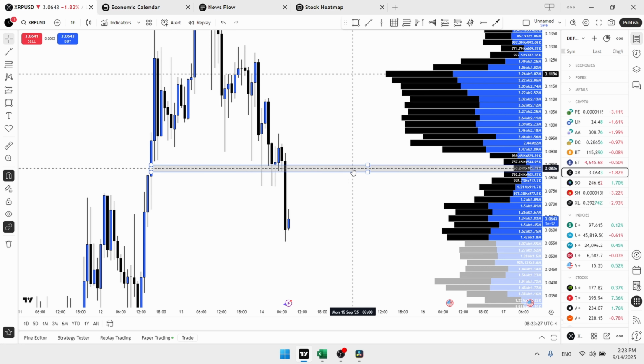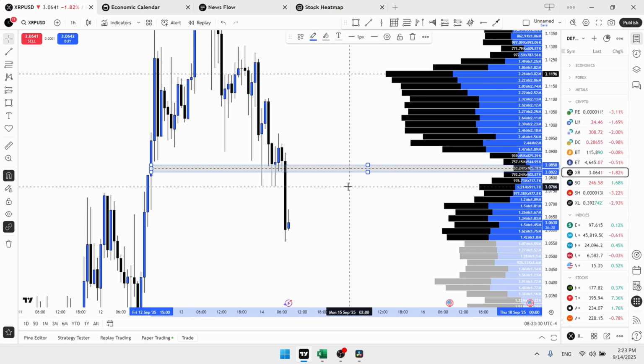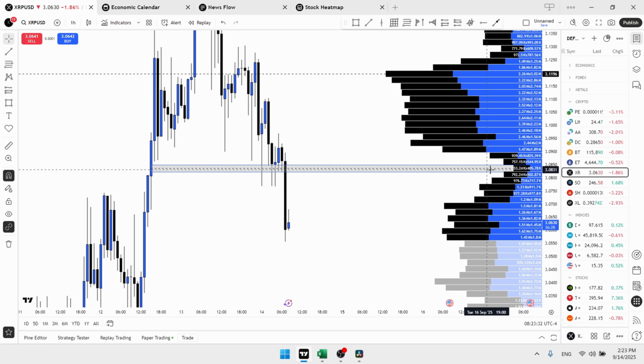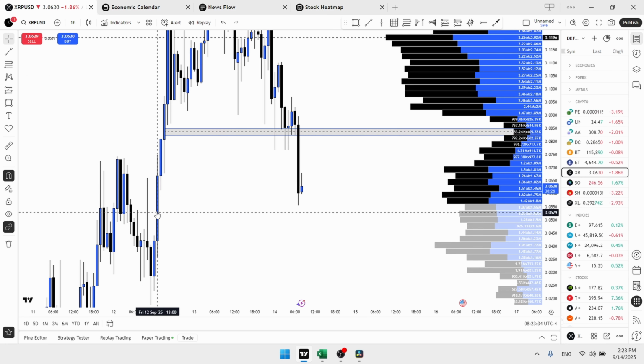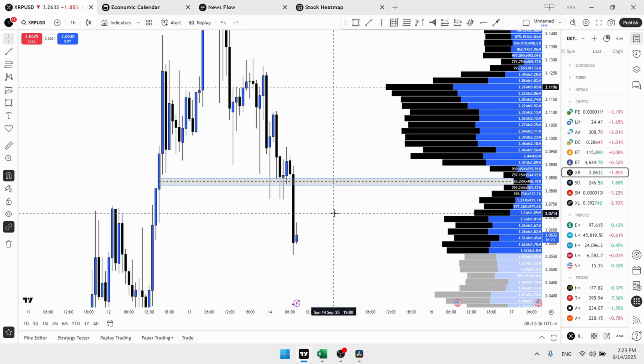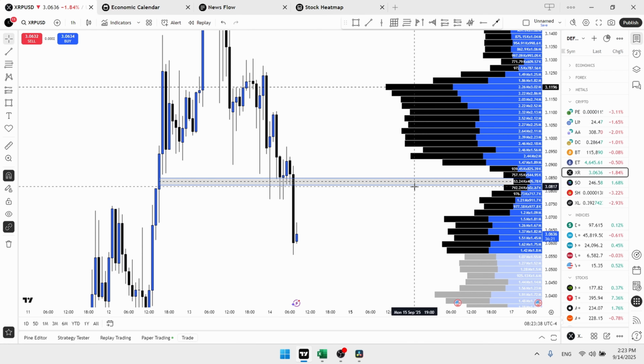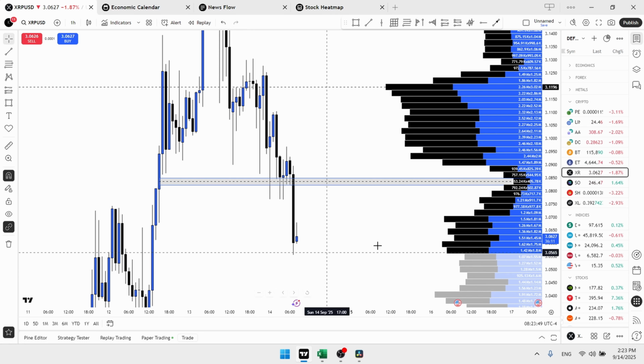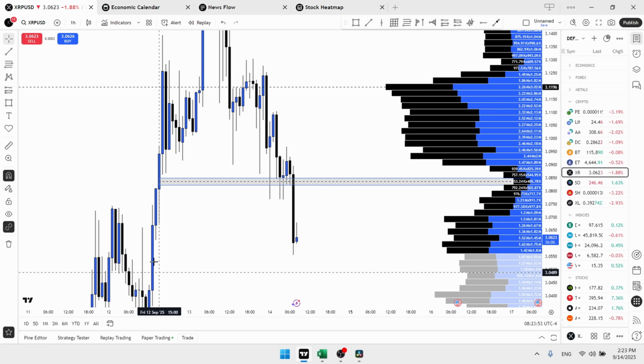So as you can see, I plotted my anchored volume profile from the lowest point right here, and it extends automatically to the present time. And right here you can see a lack of orders, and what do we have here? A fair value gap. But of course, you can draw any fair value gap. You can draw a fair value gap right here, but the problem is there are orders that were made on this fair value gap.